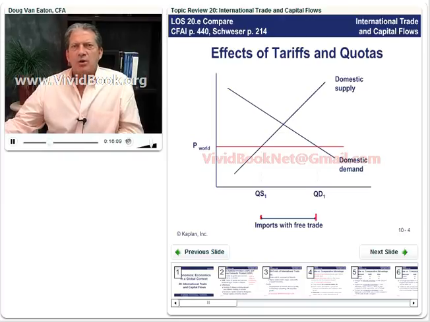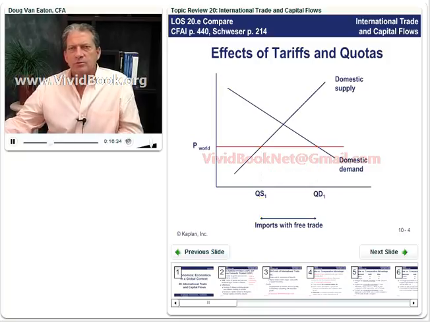So at that price, domestic producers will supply that much. But demand at that price, quantity demanded, is out here, QD1. So this much is supplied by domestic suppliers, and the rest of this is imported. So let's clear that off and move forward here.